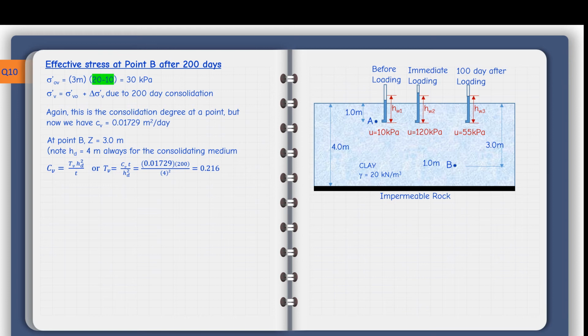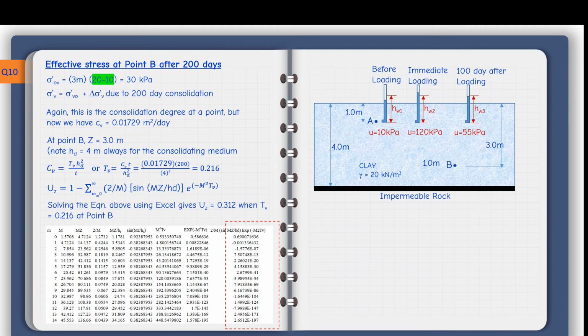All we need to do now is to get the degree of consolidation. Again, I have to use the general equation for the degree of consolidation at any point. Solve using Excel. Again, you assume M, but now you have the time factor.